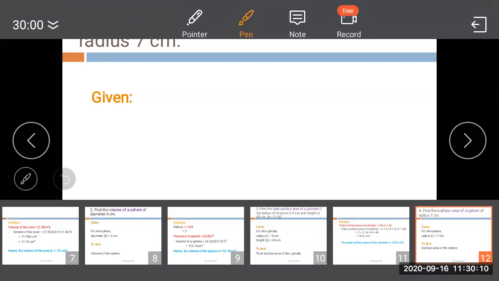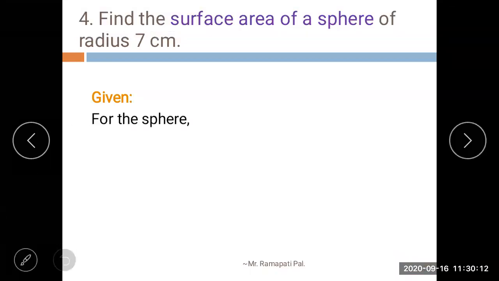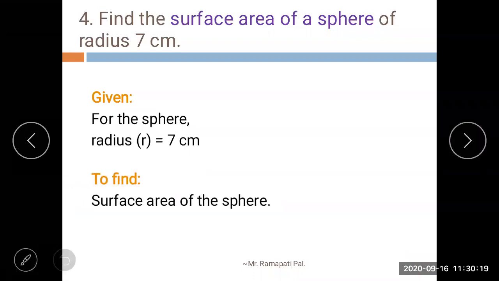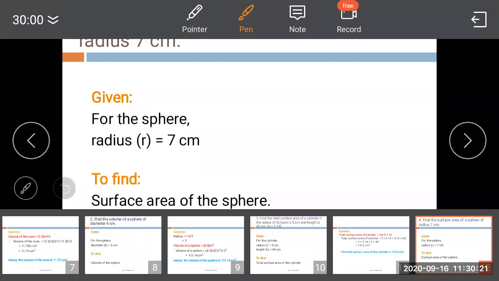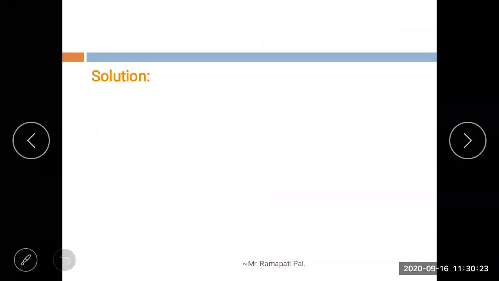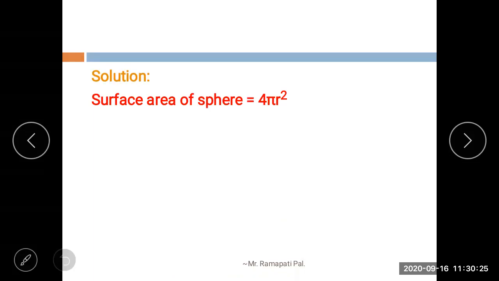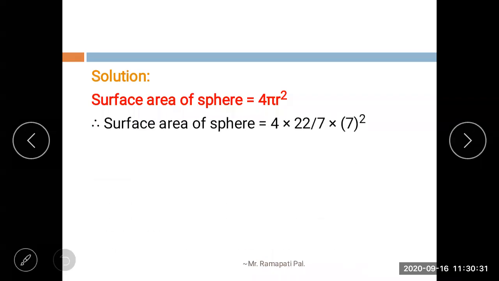We know that in the given, for the sphere, radius is given 7 centimeter. We have to find surface area of a sphere. For that we have to write the formula, that is surface area of a sphere is 4 pi r square. Now substitute the value.